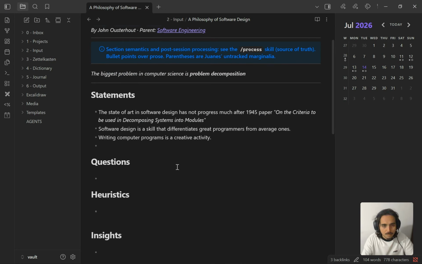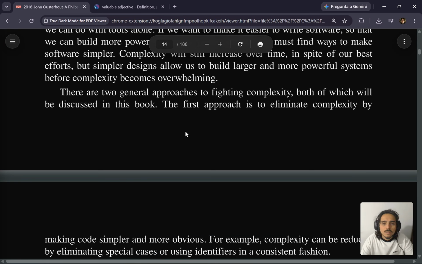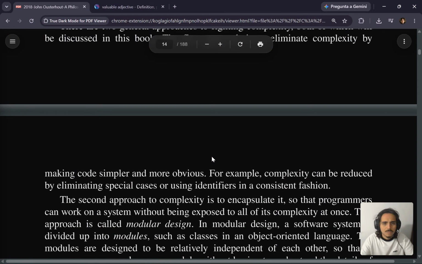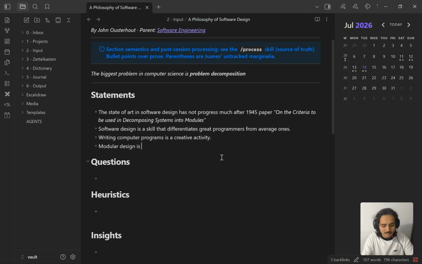So, wait. Modular design is an approach to fight complexity.